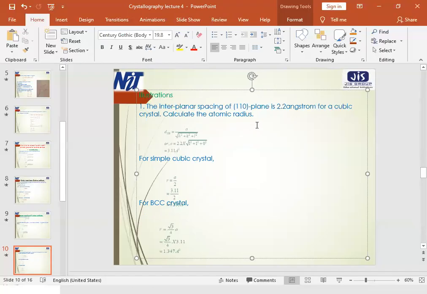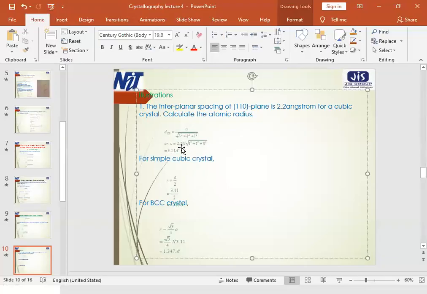From that we will be able to find out a, because d, the interplanar spacing, is given as 2.2 angstrom. So a will be equal to d into under root h square plus k square plus l square.